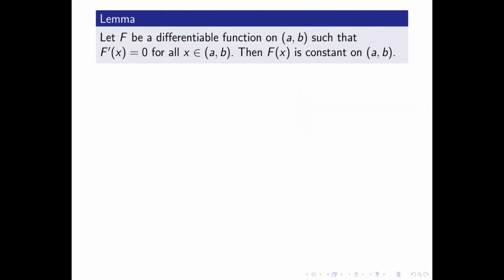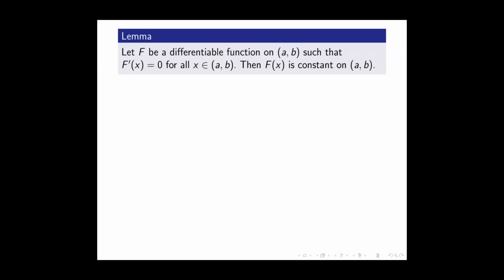It says that if f is a differentiable function on (a, b), and the derivative of f is always equal to 0, then f is a constant function. Recall that one direction is easy. If f is a constant function, then it implies that the derivative of f is 0.